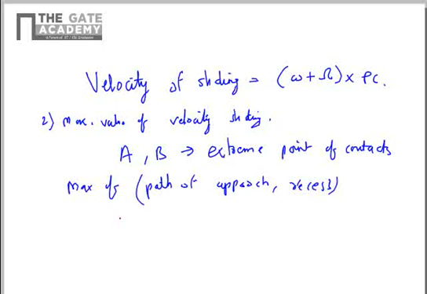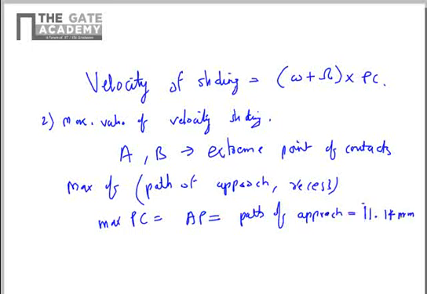That will be the maximum distance of a point of contact from the pitch point. If you see, the path of recess was around 10.67 and the path of approach was 11.14. So max PC is equal to AP, the path of approach, and the value was 11.14.